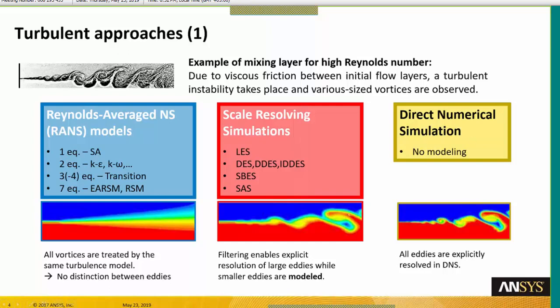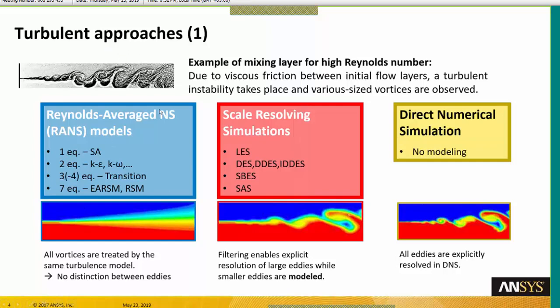On the other end of the spectrum, you have the direct numerical simulation, where you have no modeling. For example, we consider a mixing layer with 2 flows going inside a domain at different speeds, high speed and low speed.